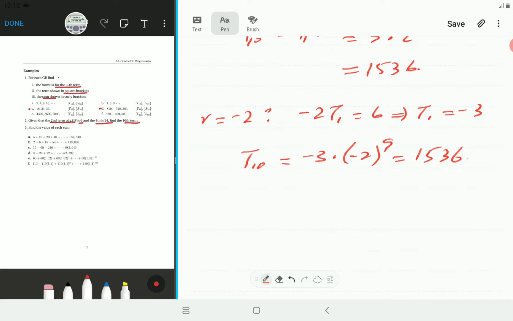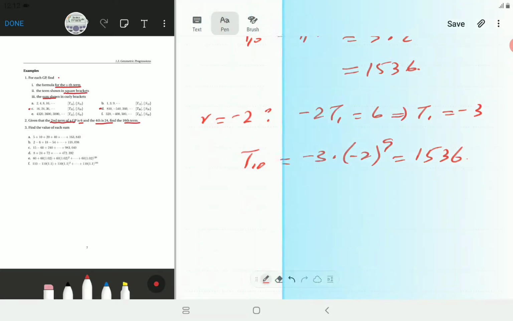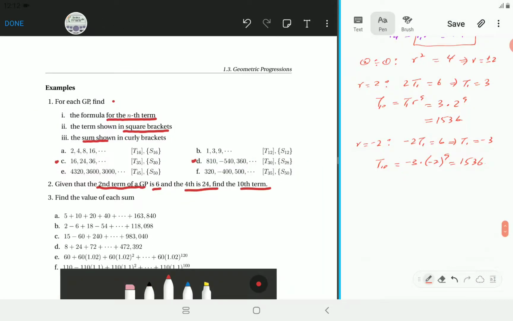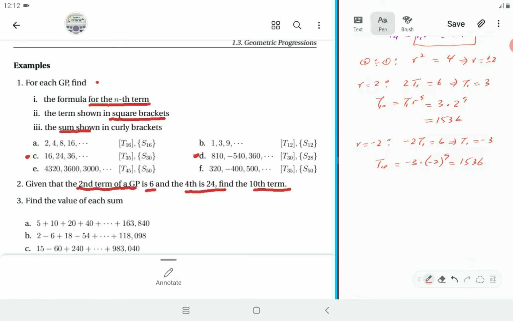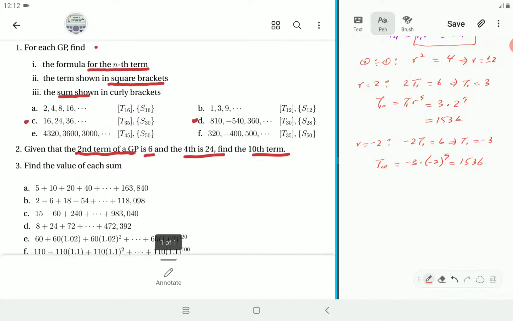Okay, then let's see what number 3 has. In number 3, we have sums. I want to find the value of each of these sums.